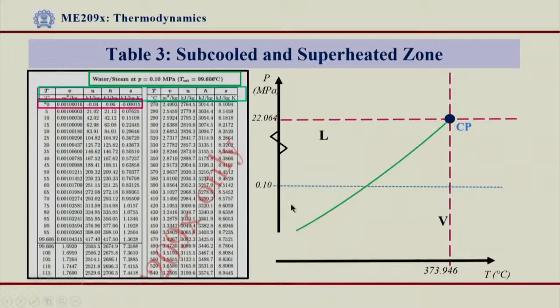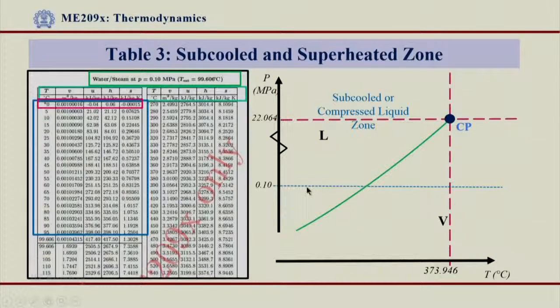Now, because this pressure happens to be less than the critical pressure, if I went on increasing the temperature, I would encounter a phase change, which is what we talked about in the earlier snippet. As I go on increasing the temperature, I would travel from this leftmost point of 0 degree centigrade to higher temperature values. This part up to the Tsat value lies on the left side of the LV saturation line.